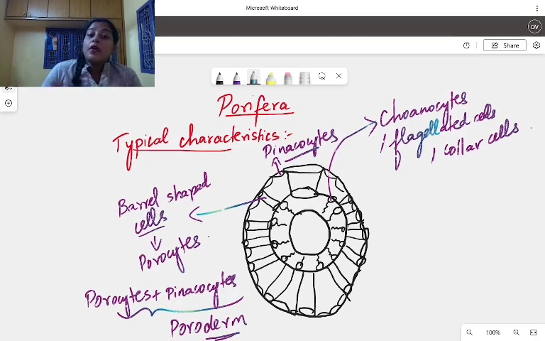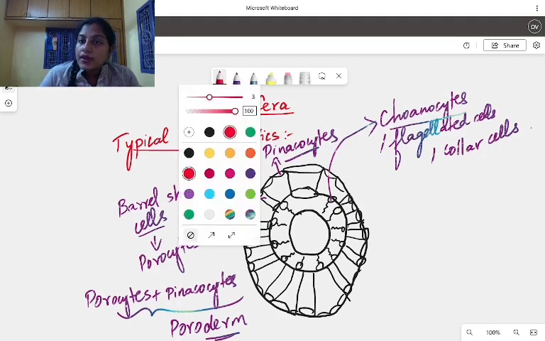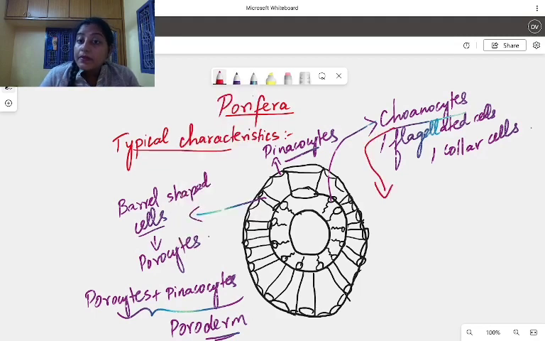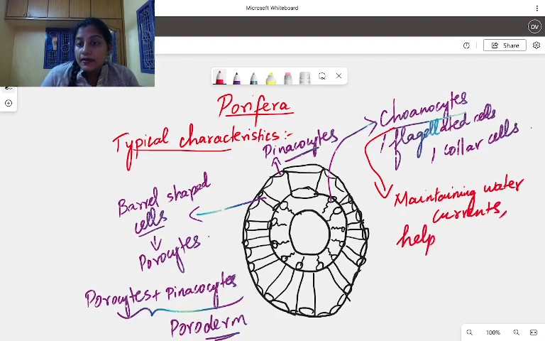Now the important element here is the conocytes, very important. You know what they do? Basically, they help in maintaining water currents. They are aquatic, so maintaining water currents, and it also helps in digestion and excretion.